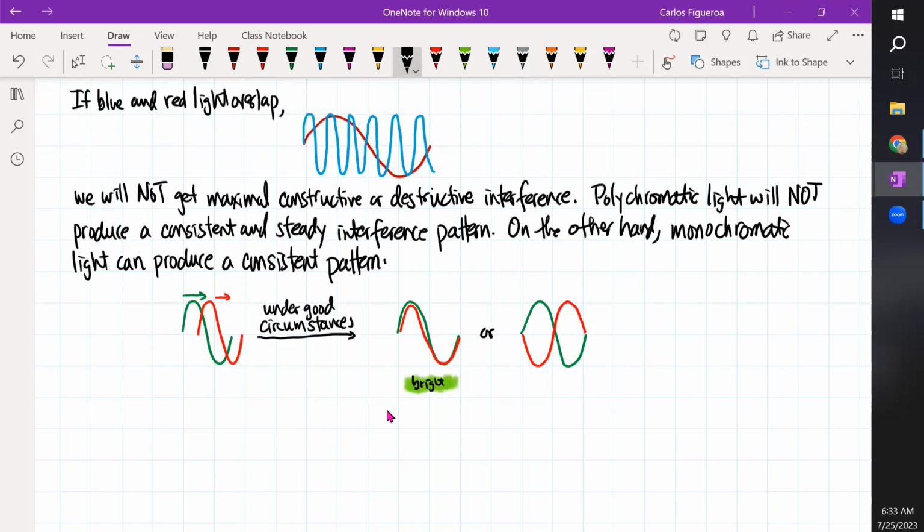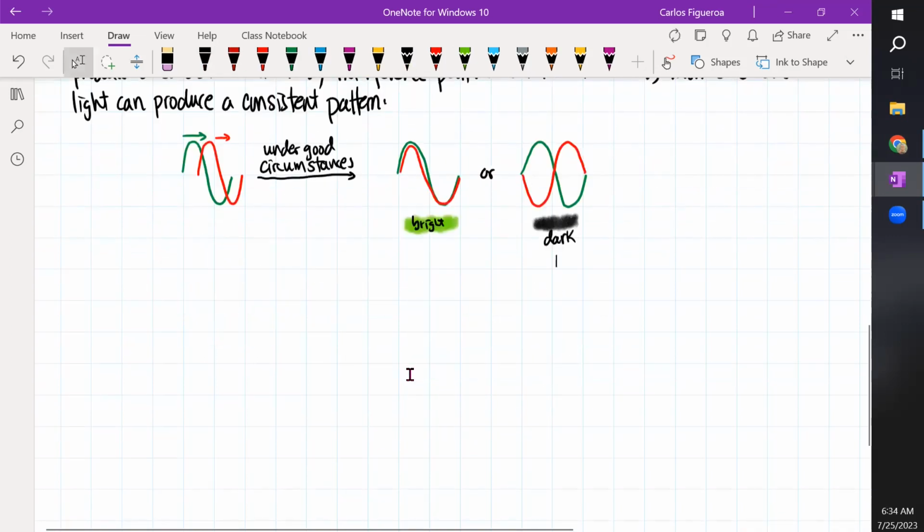And then here, we would get a dark fringe. The most common monochromatic light source is the laser. So lasers are easy to get, and therefore that's the most common.